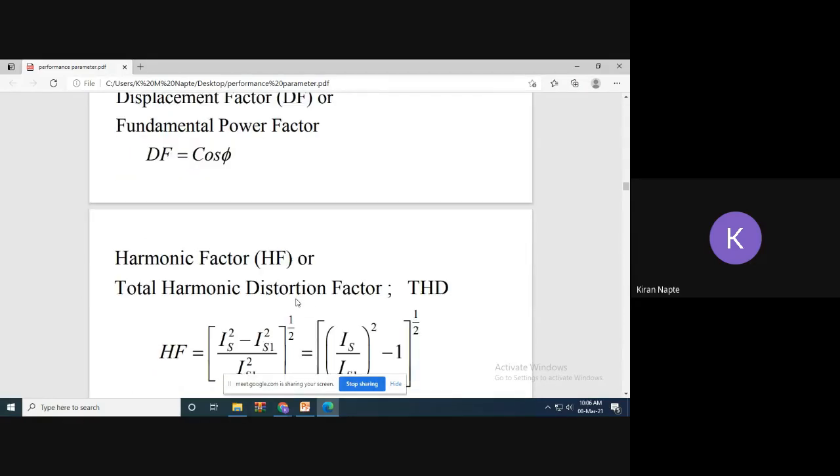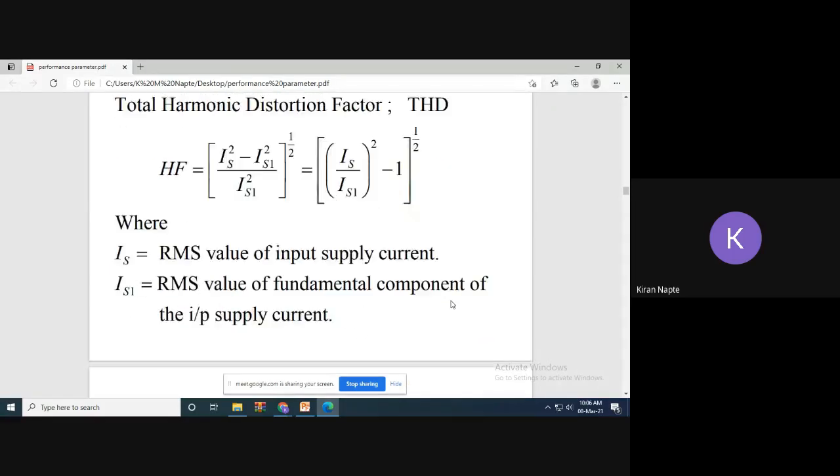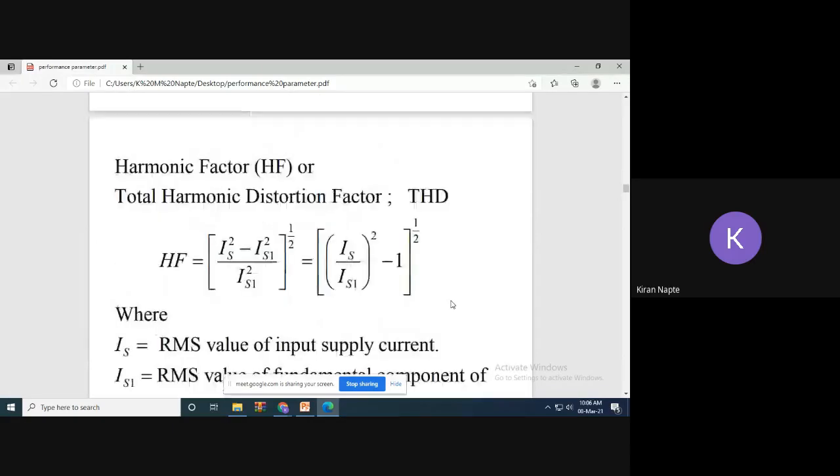The next performance parameter is harmonic factor, which is also known as total harmonic distortion factor. Sometimes it may be called a harmonic factor, or sometimes a total harmonic distortion factor. So HF, that is harmonic factor, is equal to (IS upon IS1)square minus 1, the whole bracket raised to 1 by 2.